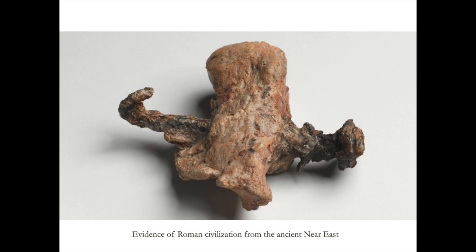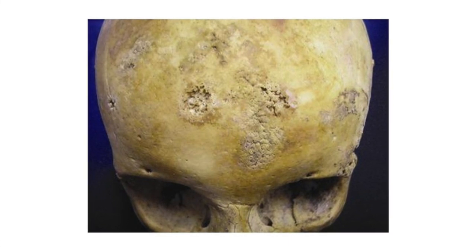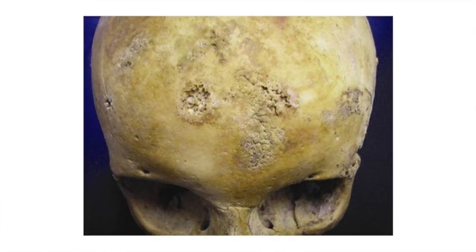And this is important archaeologically because it's evidence that there was Roman civilization in the area of the time. It says something about your civilization when the evidence of it is a nail knocked through the bone of someone who was still alive when you did it. And here we see a skull with the characteristic pepper pot lesions of skeletal syphilis.